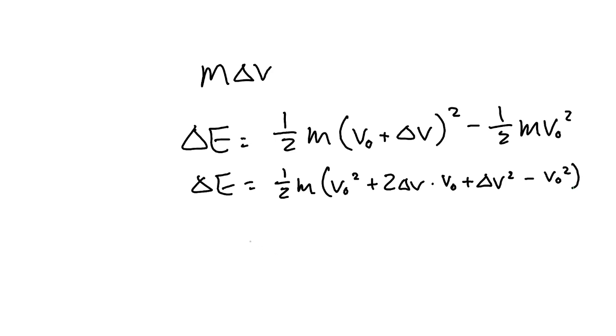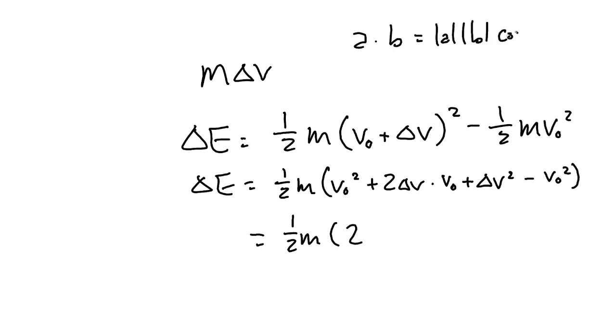And so what we can say here is this is 1 over 2m times 2 dv dot v. And remember, if you know dot product, a dot b is going to be equal to length of a times length of b cosine theta. And this is a little bit more complicated than needed.